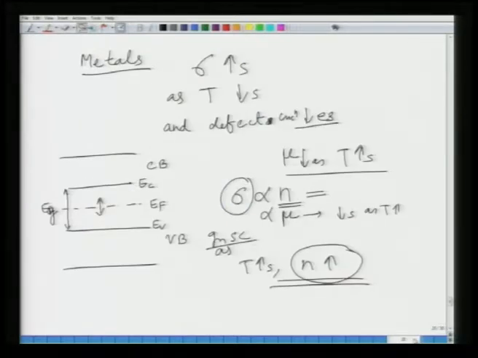Another difference between metals and ionic solids is that in metals and semiconductors, transport takes place in the bands. So it is a band transport. Whether it is a metal or semiconductor, although the relationship of conductivity with temperature is different, because in semiconductors the carrier concentration goes up as you increase the temperature, the mechanism of transport is similar in both these materials.